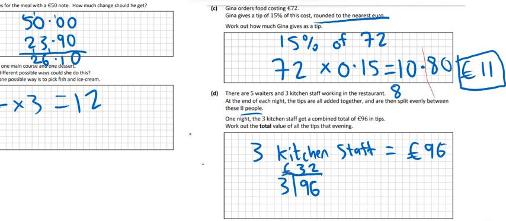Because the kitchen staff and the waiters all got the same, each of the 8 staff altogether got €32. What they're asking for is the total value of the tips. So we need to take that 32 and times it by all of the staff, times it by 8. 8 twos are 16 and 8 threes are 24, and 1 is 25. So 256. So that's the final answer.